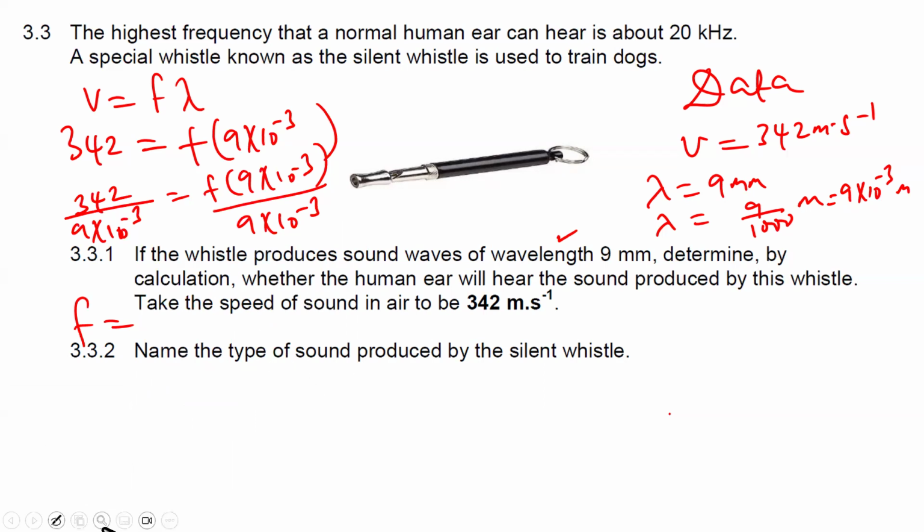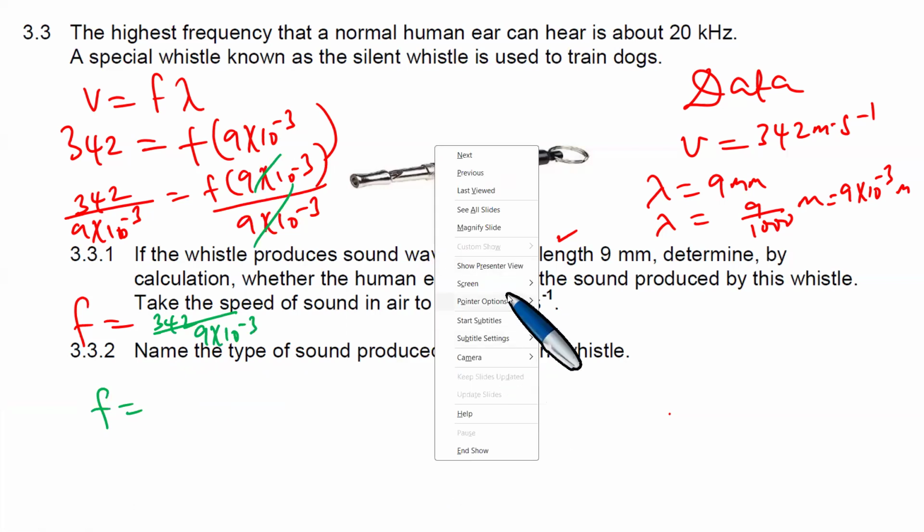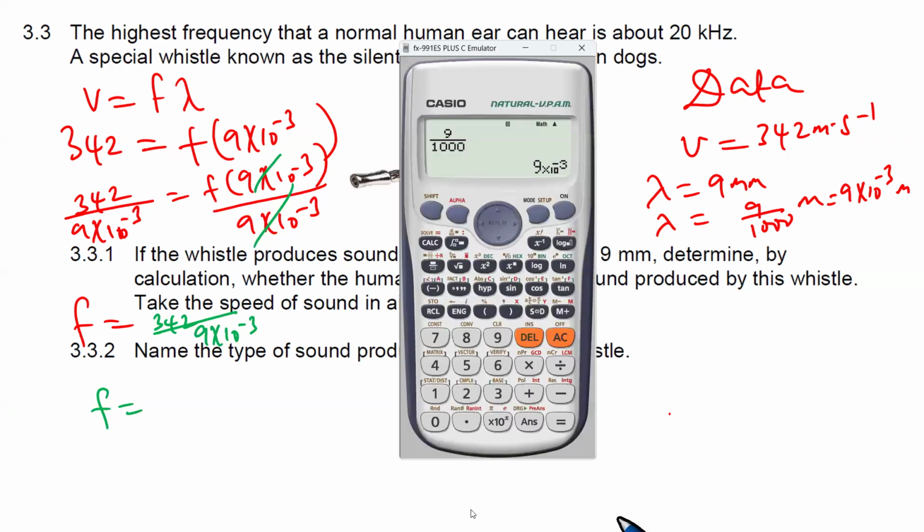Right, so this one here cancels, and now you have 342 divided by 9 times 10 to the minus 3, which means f equals... What do you get as your answer?